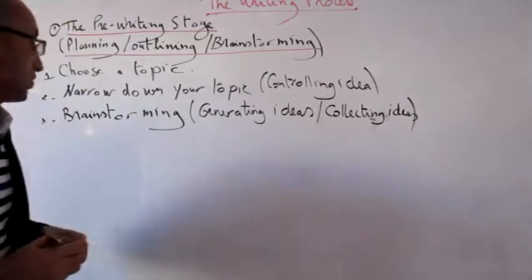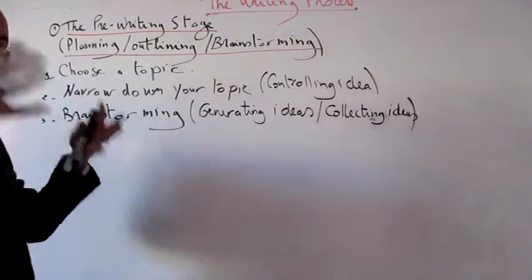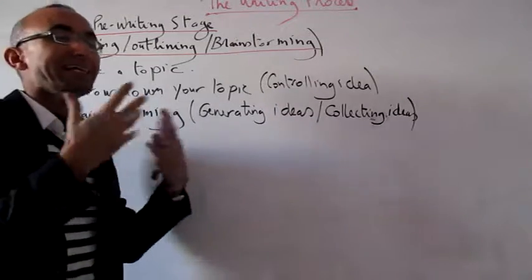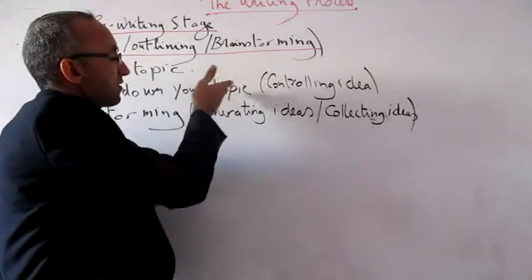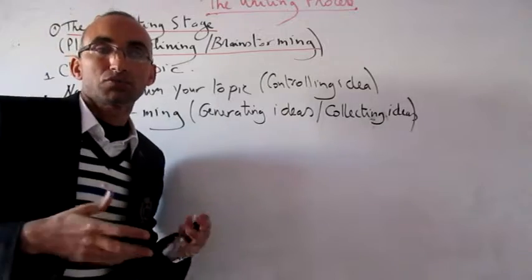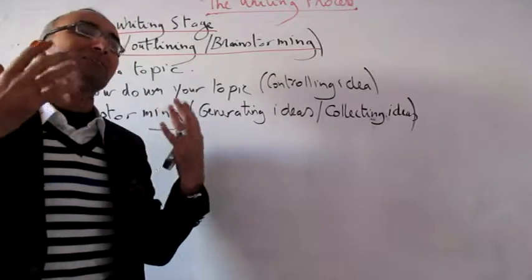Now here, for example, I'm going to look for as many ideas as possible about, for instance, the causes of what? The causes of drug addiction. Now, I have many ideas in my mind.